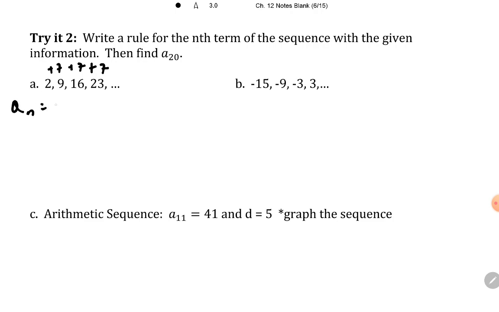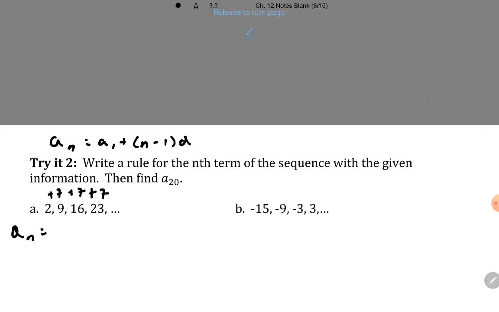A sub n equals the first term. Let me rewrite the formula here: a sub n equals a sub 1 plus n minus 1 times d.